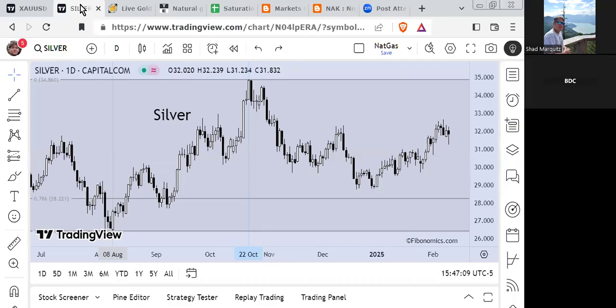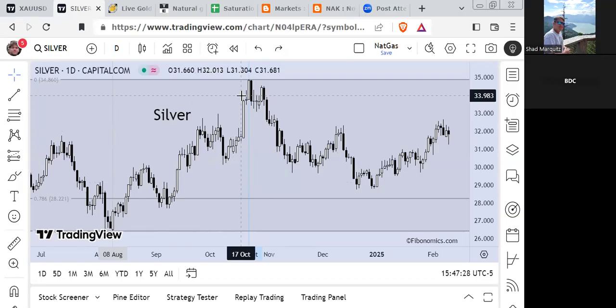Now, silver here, this pattern is what's known as a Gartley pattern. It's not perfect, but it's good enough for government work. You've got this down here up to here, which creates this box formation.